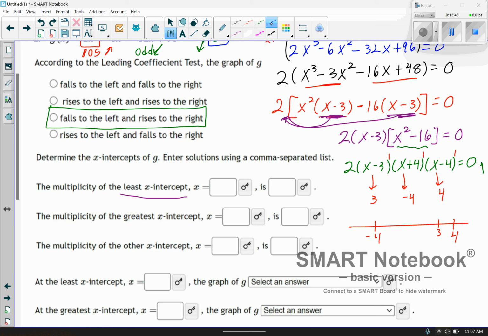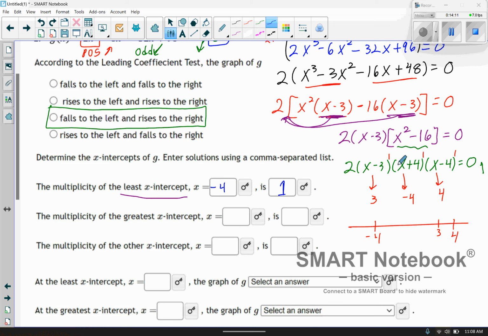So the least x-intercept is going to be the negative 4 right here. And then we need to go ahead and put the multiplicity. So the least of the x-intercepts is x equals negative 4, and its multiplicity is a 1.